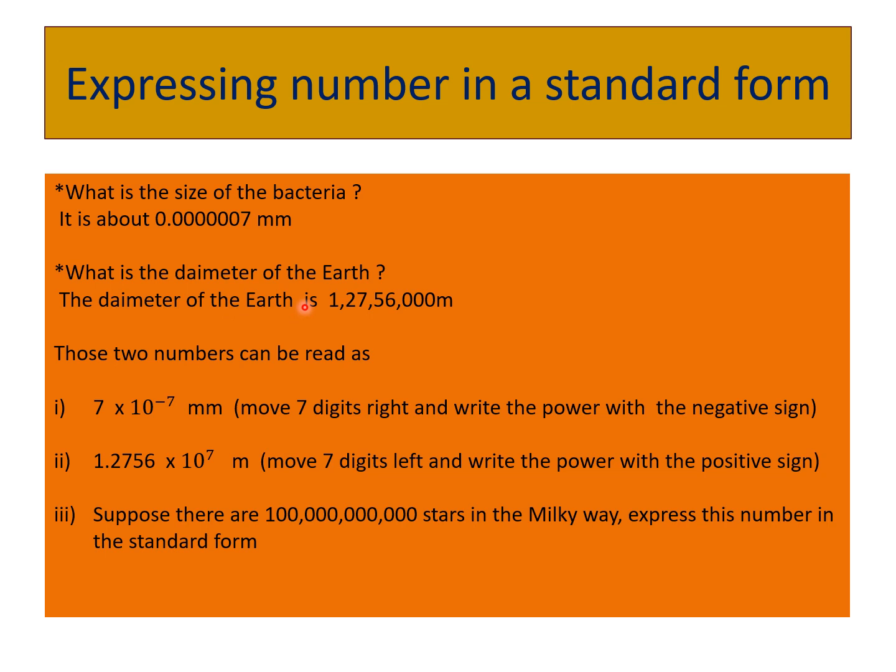These numbers are not convenient to read and write. Numbers which are very big or very small can be written in their standard form. That is, every number, big or small, can be expressed as the product of two numbers. The first is between 1 and 10, and the second is a power of 10.